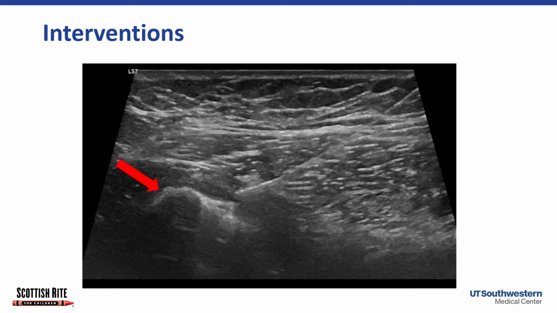Well, we were able to use an ultrasound guided procedure, and what you can see there at the blue arrow, that's the tip of a needle that we were using. And so we were able to go in there in a fairly non-invasive way and do a small procedure, put this patient through some rehab afterwards, and he was able to get back to playing basketball pain-free.